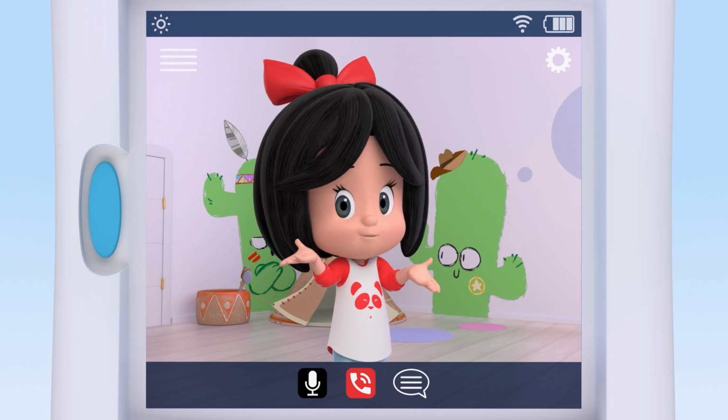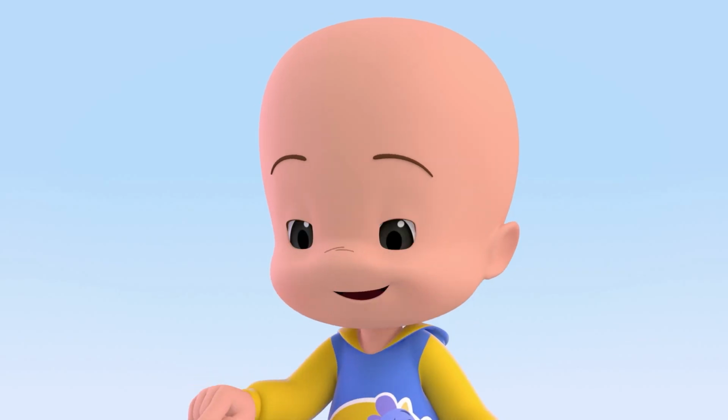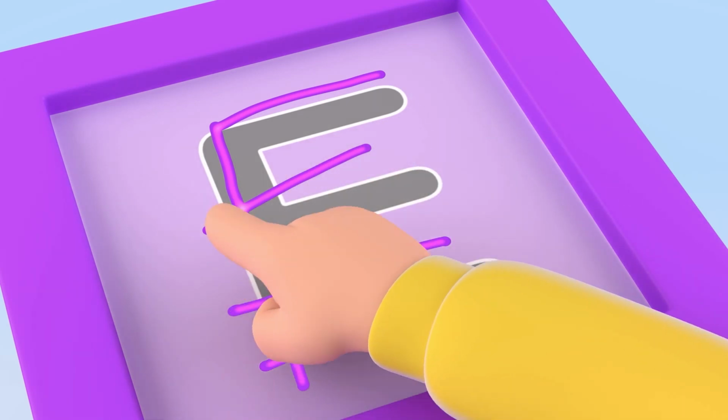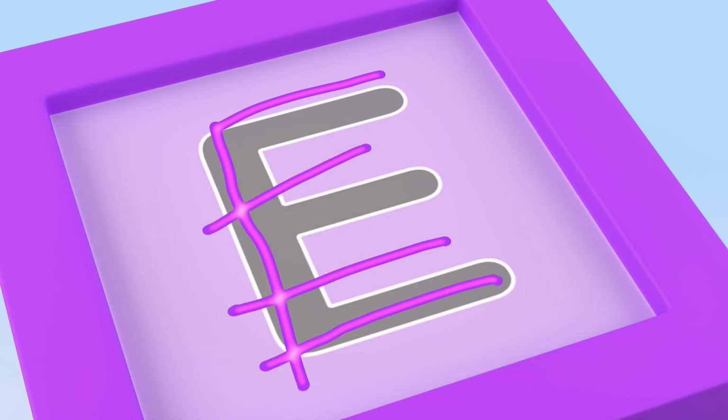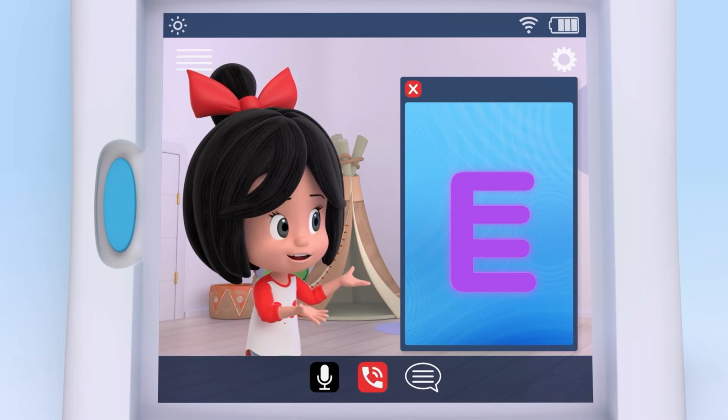Don't you know which animal begins with an E? E. I think you wrote too many lines.